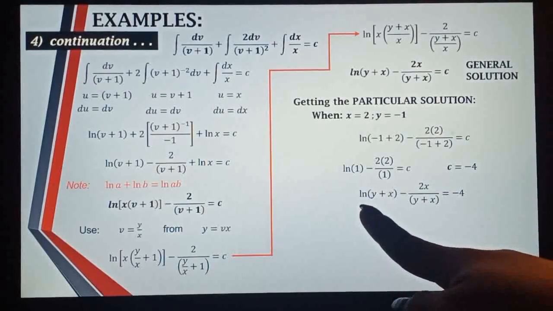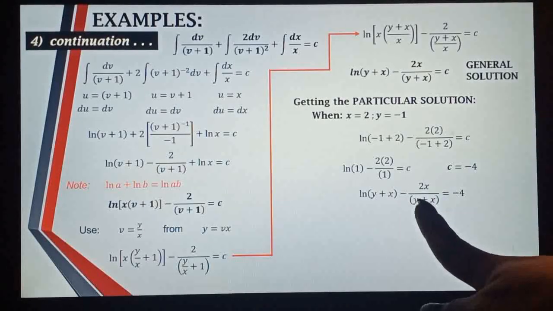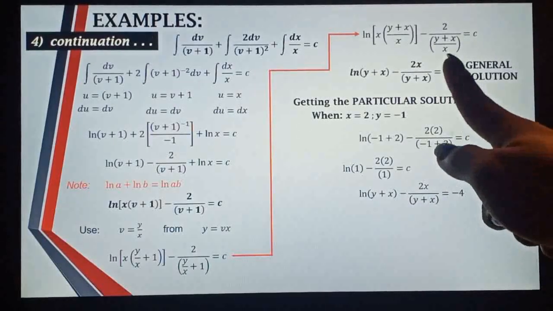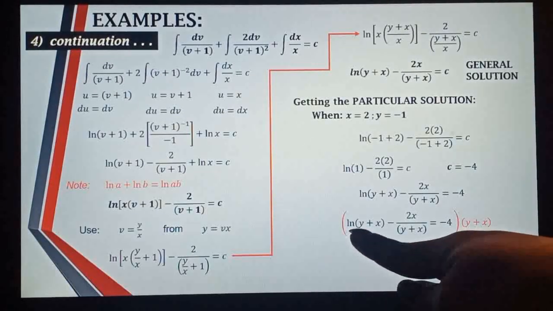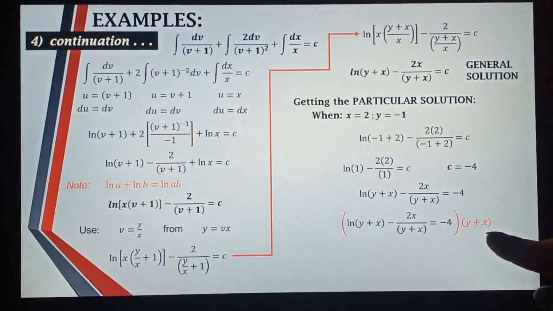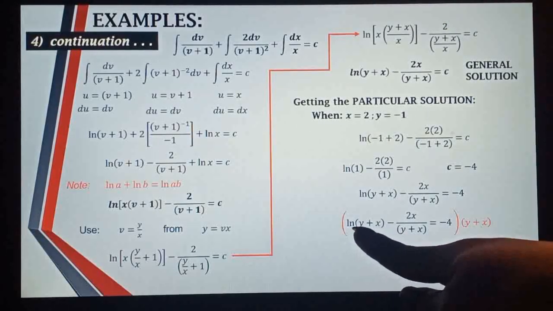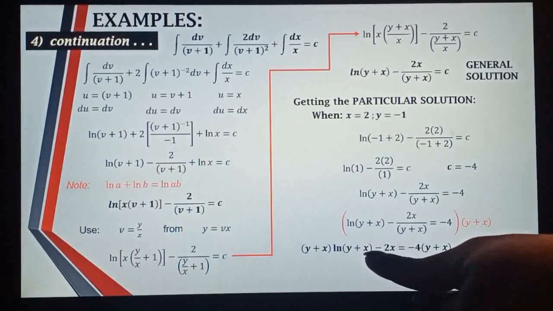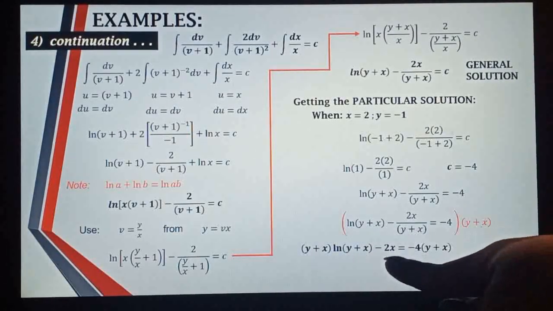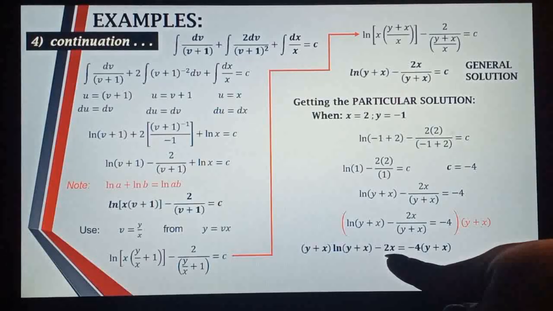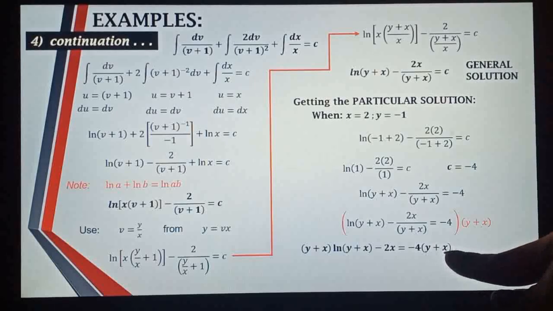Your equation now will be ln of y plus x minus 2x over y plus x, wherein c is negative 4. Then, simplifying the equation by multiplying the whole equation by y plus x, you will now have ln of y plus x multiplied to y plus x minus cancel si y plus x, that is 2x equals negative 4 of y plus x.